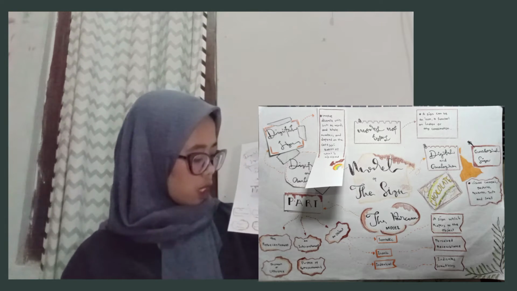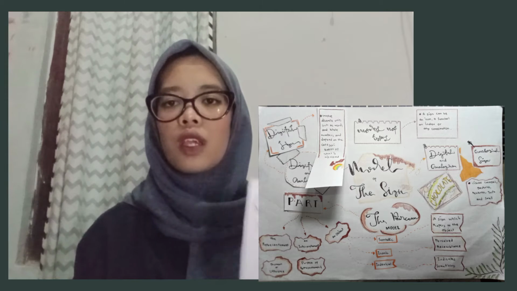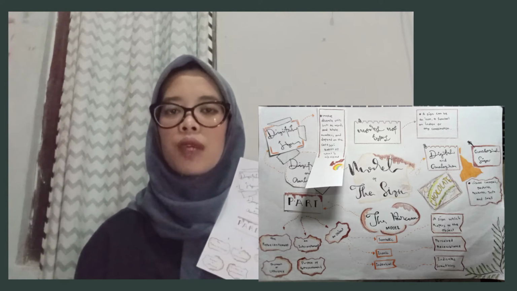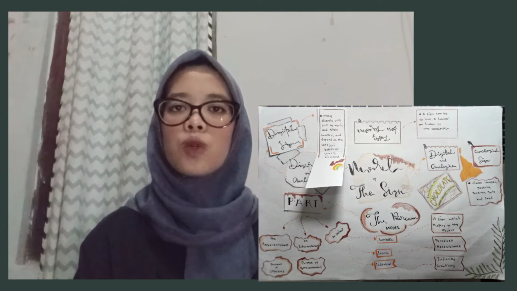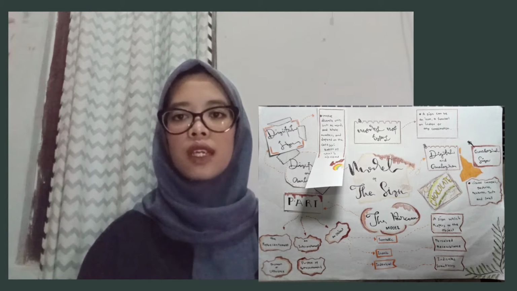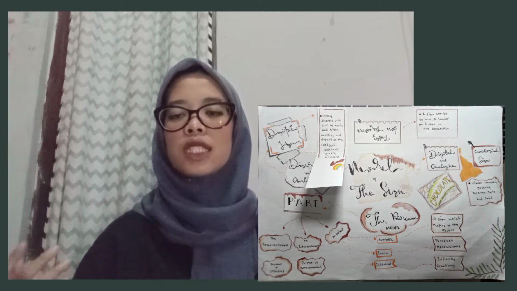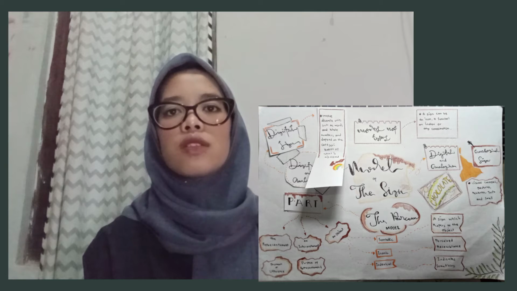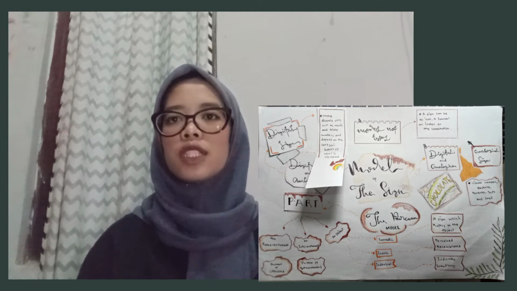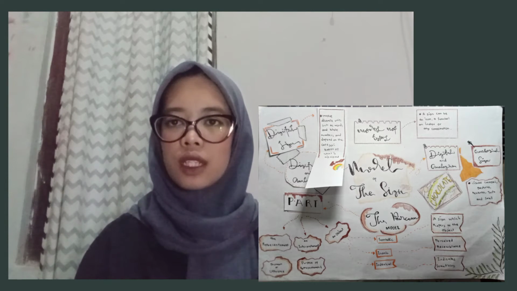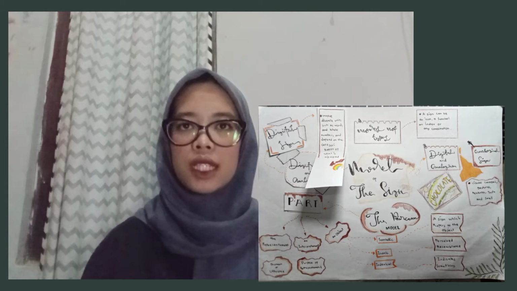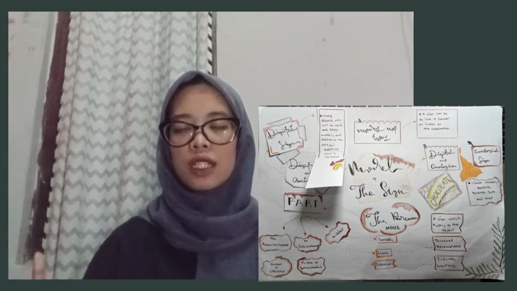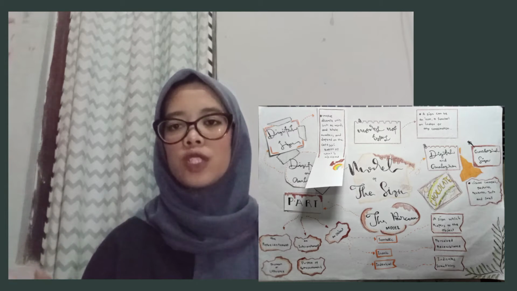And then an interpretant is not an interpreter, but rather the sense made of the sign. And the last one is an object. An object is something beyond the sign to which it refers. The interaction between the representamen, the object, and the interpretant is referred to by Peirce as semiosis.